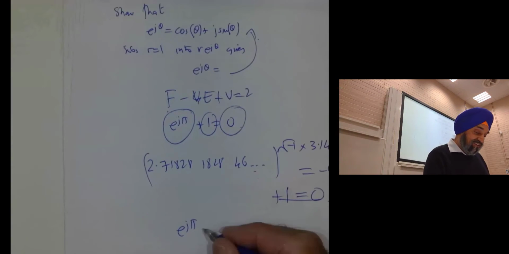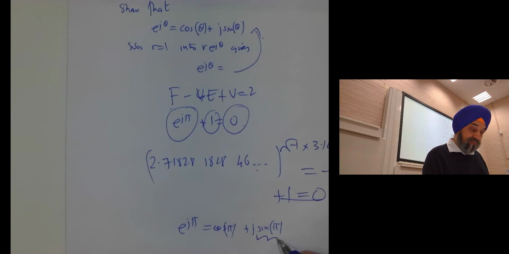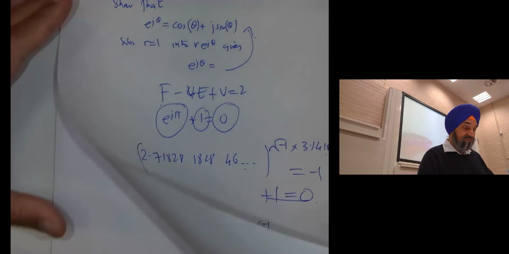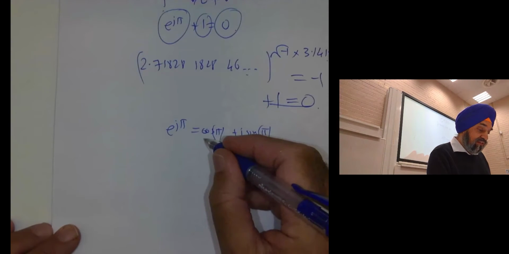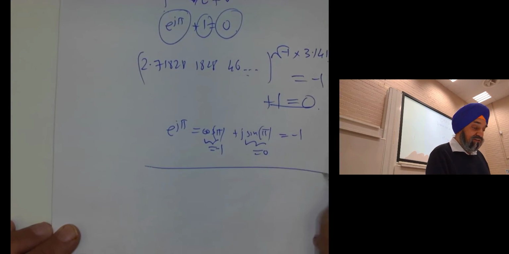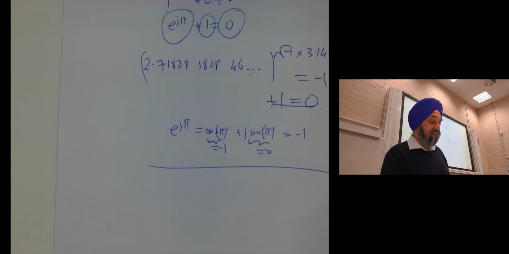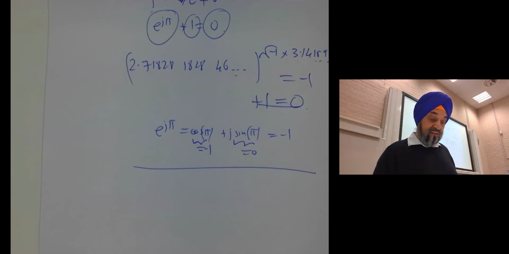So it's cos pi plus j sine pi. And what's sine pi equal to? 0, and that is equal to -1. There you are. You've shown it's exactly -1. Like I say, it's one of the most elegant formulae in the whole of mathematics.